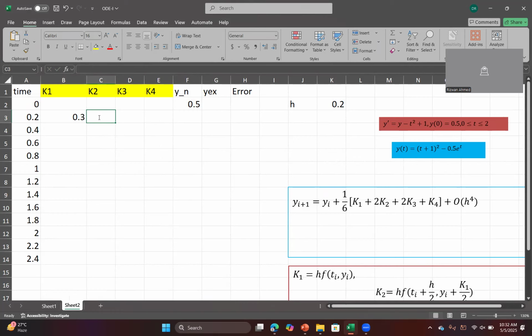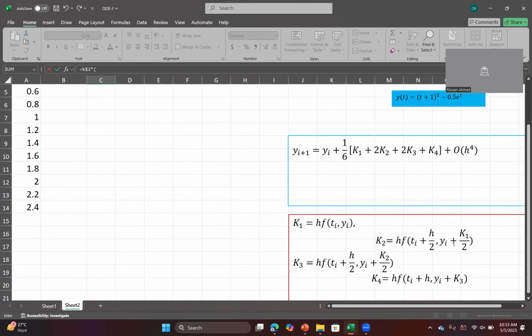Now the next step, h times f, with the h cell fixed with dollar signs, for K2. Now this is important: parentheses are really required if you are solving this in Microsoft Excel. y should be updated with the previous k value, because we have to provide yi plus k1 by 2, and t is to be provided as ti plus h by 2.